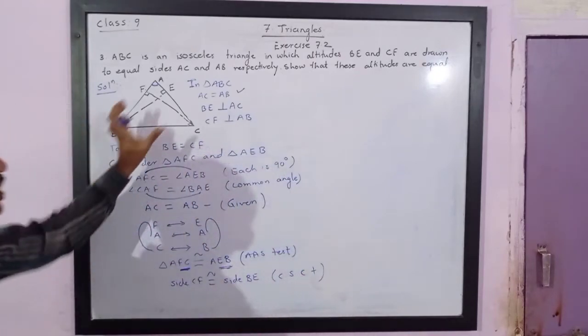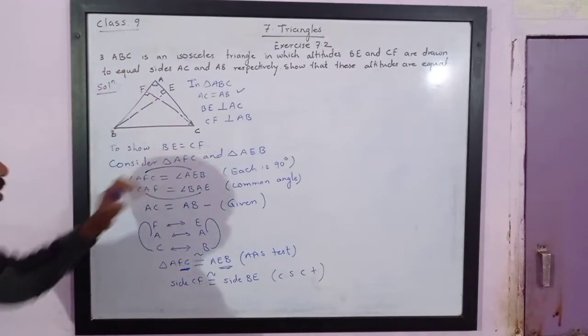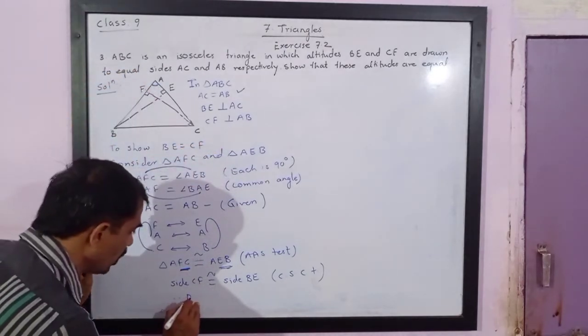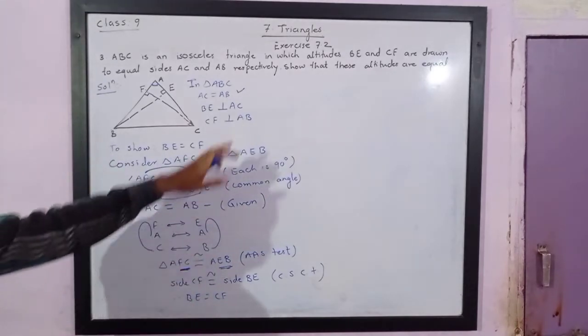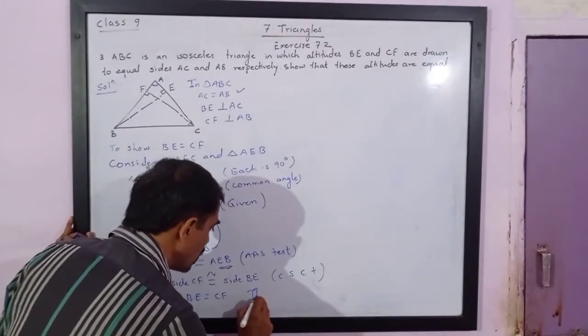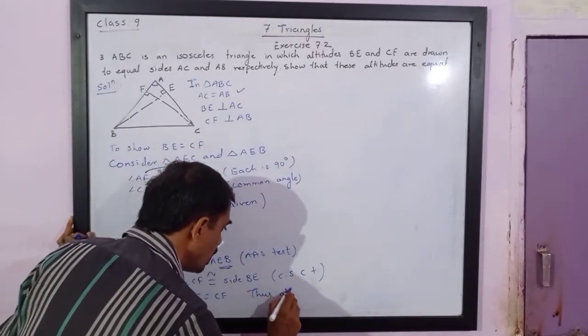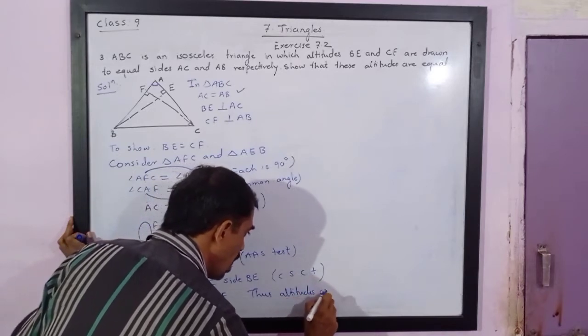Please note, if CF is equal to BE, it means the altitudes are equal. Therefore, BE is equal to CF, and we were asked to prove the same. Show that the altitudes are equal. Thus the altitudes are equal.